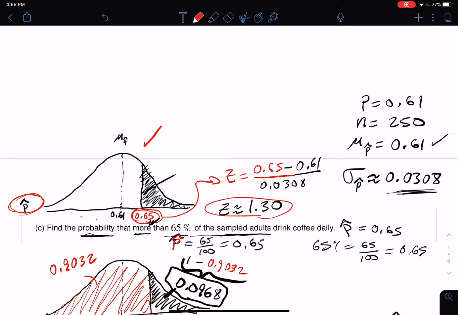It's going to be, these sample proportions are the labels down here, not the areas. I think that can be very confusing, but I think once you get that, and you realize you just have these sample proportions like 0.65, and you put it in your formula, turn it into a z-score, now you're back to 7.1 and 7.2, and it's all same stuff again. So it's just a matter of being able to interpret that.